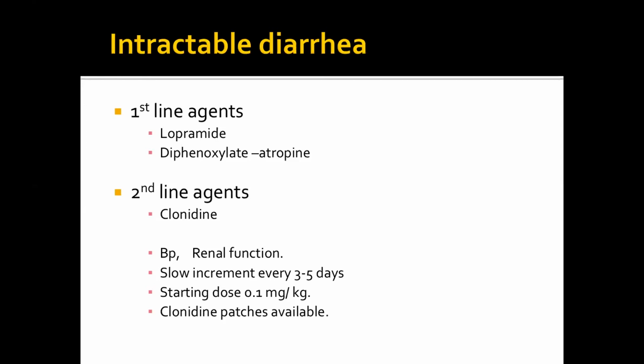There are clonidine patches available as well, which can be helpful. They will secrete the clonidine over a longer period of time, so can be useful in alleviating the symptoms without showing significant side effects. Be aware you have to watch the blood pressure, because it can drop the blood pressure, and you have to check the renal function.